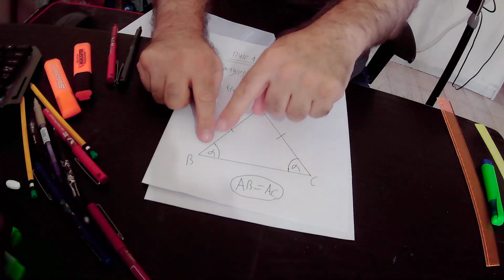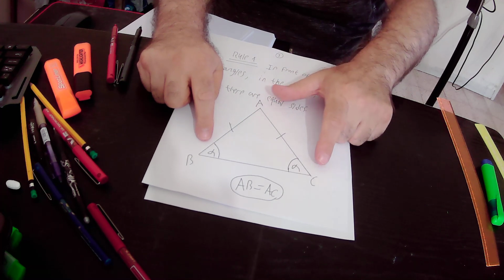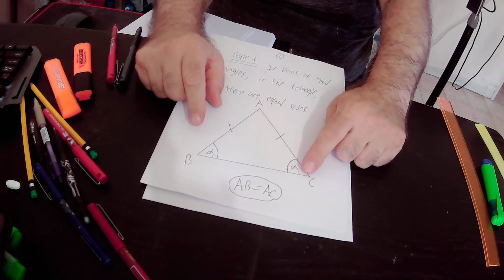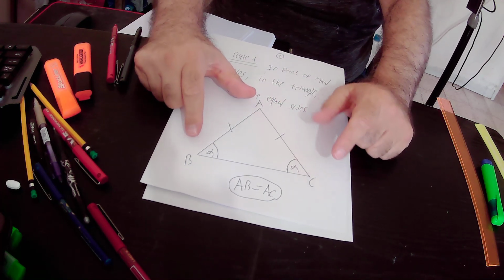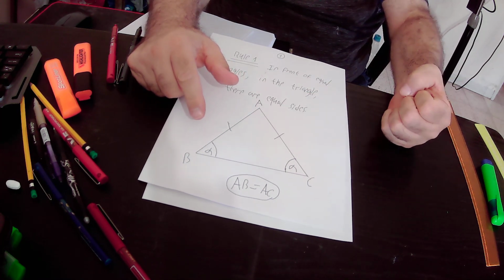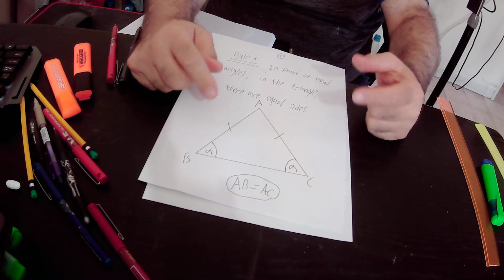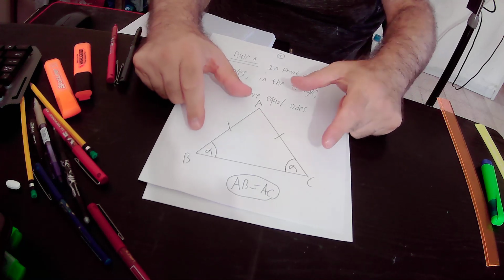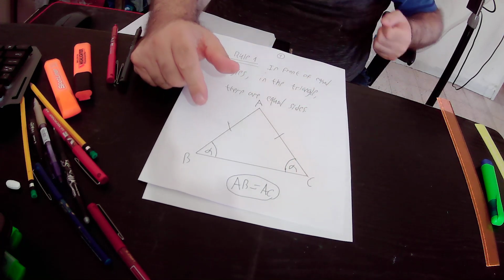In front of this angle alpha we have side AC, and in front of this angle alpha we have side AB. So the sides that are in front of the equal angles are also equal between them. That is to say, AB equals AC.